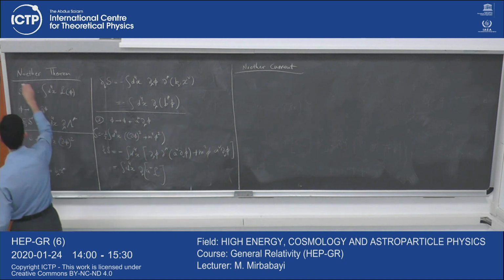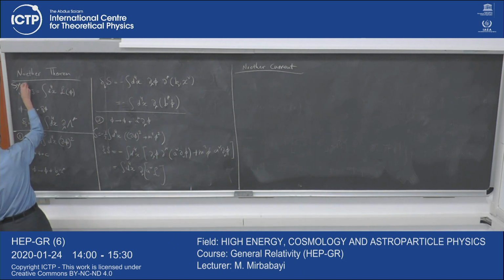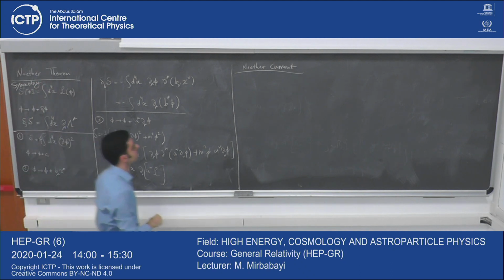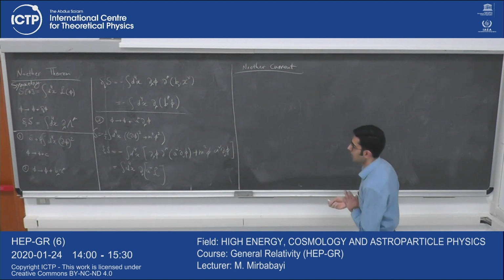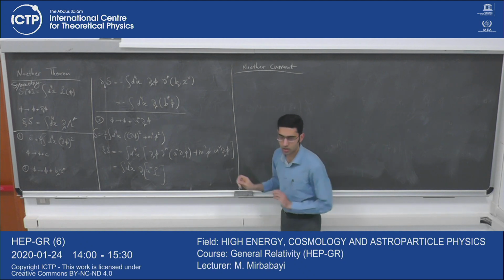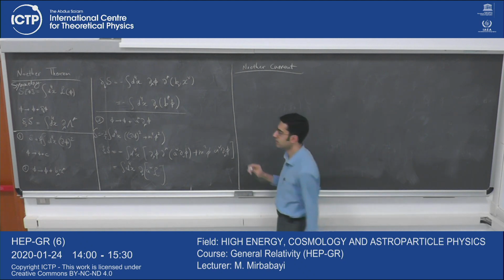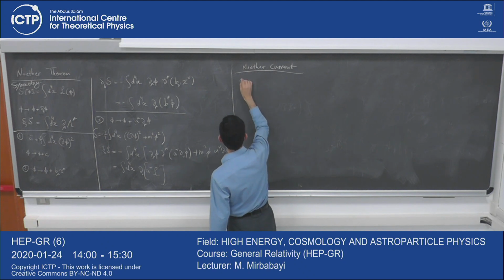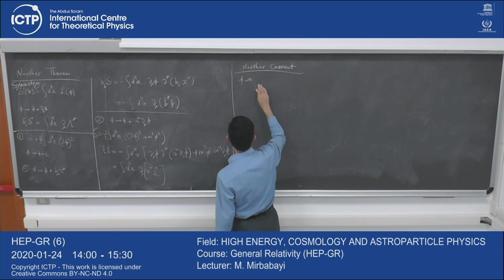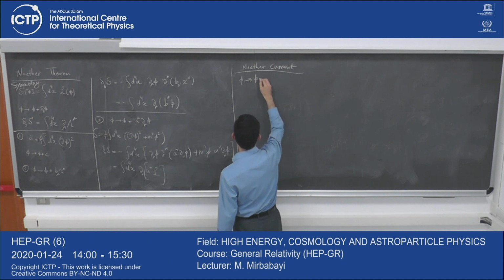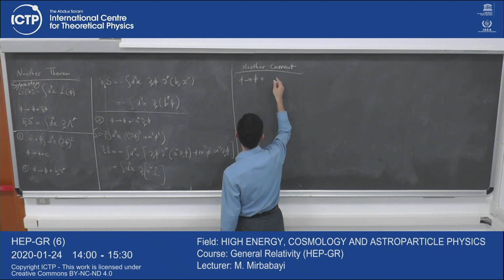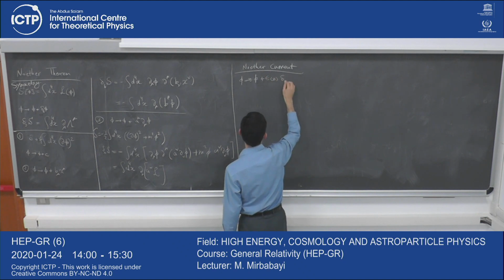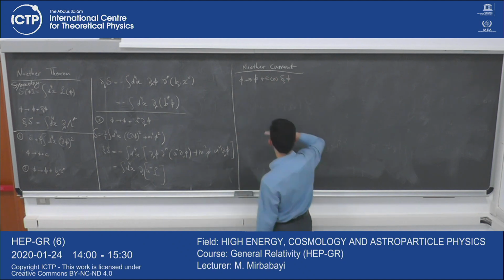Here we just talked about what we mean by symmetry. So imagine now we have identified the symmetry of the action. Then we do the following trick. Suppose we take phi to phi plus some epsilon of x times delta s of phi.